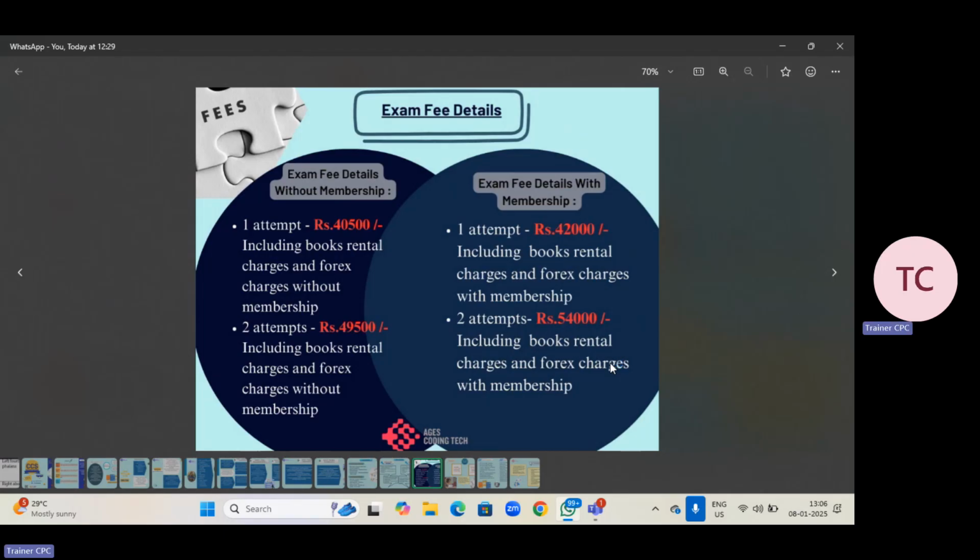Now let me explain the advantages of CCS over CPC and CIC. So as I said, the CCS exam is offered by AHIMA, whereas your CPC and CIC exams are offered by AAPC. So this is the difference.